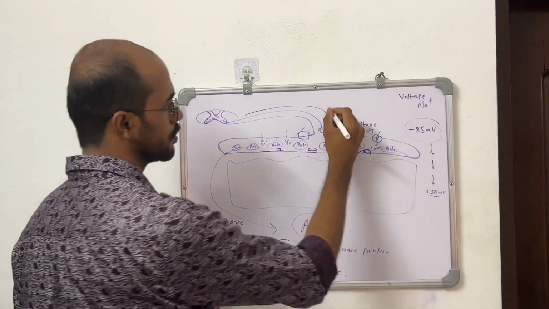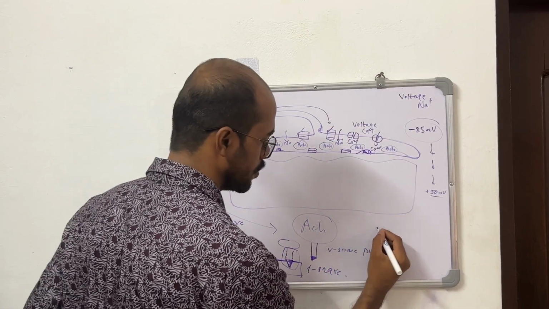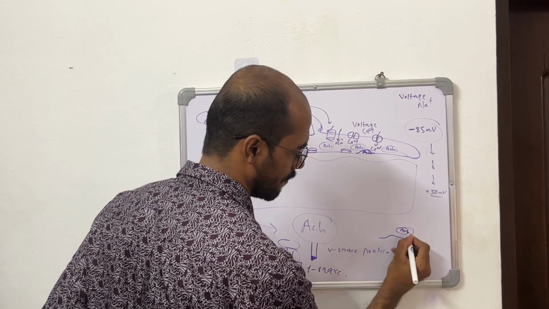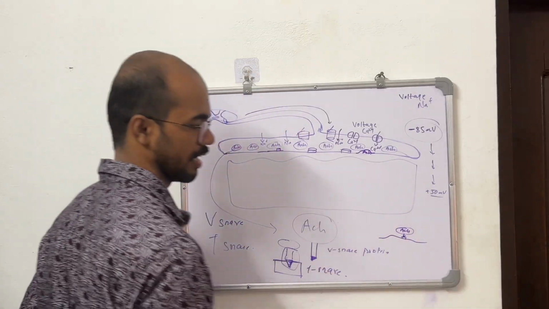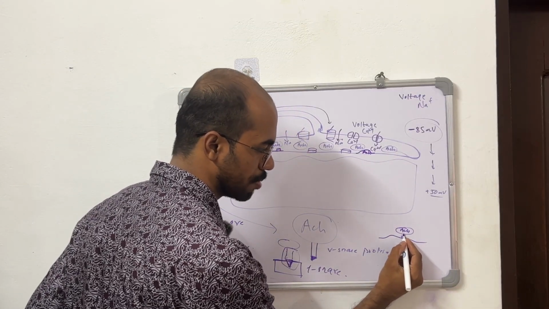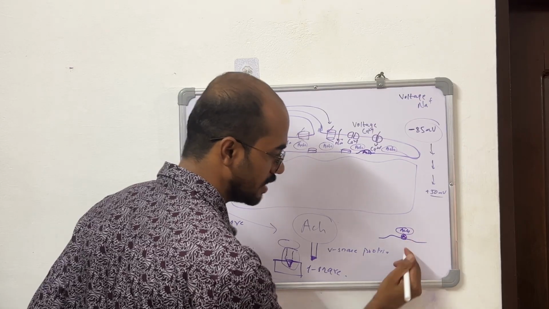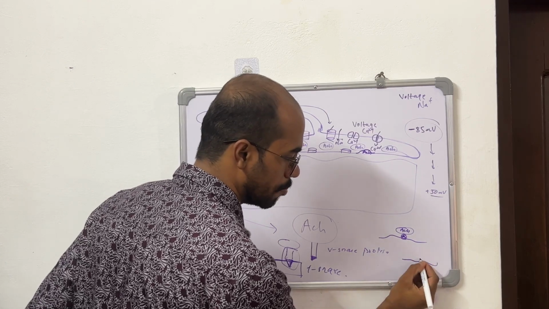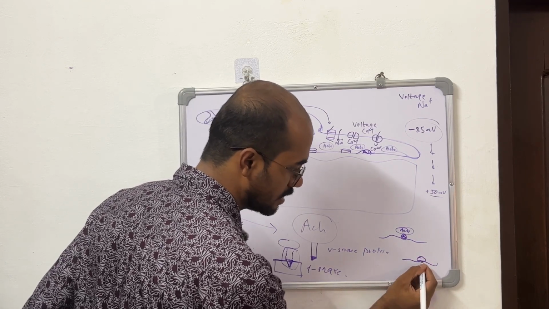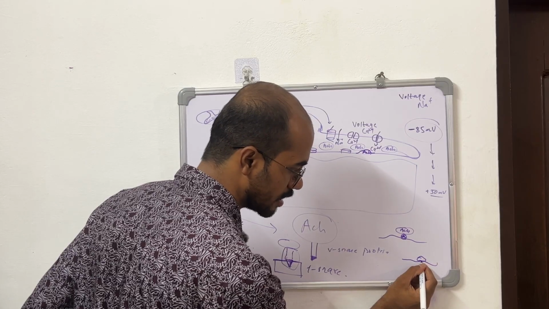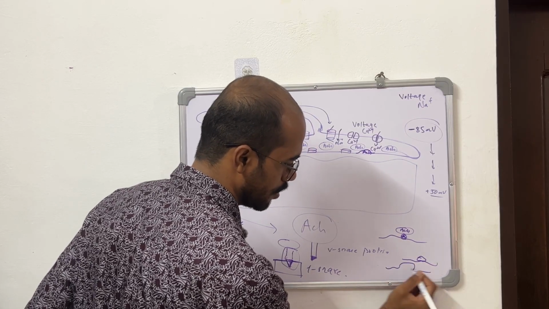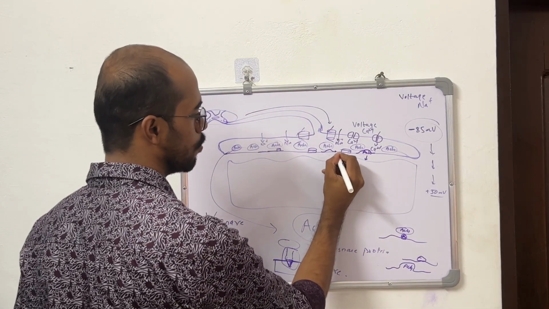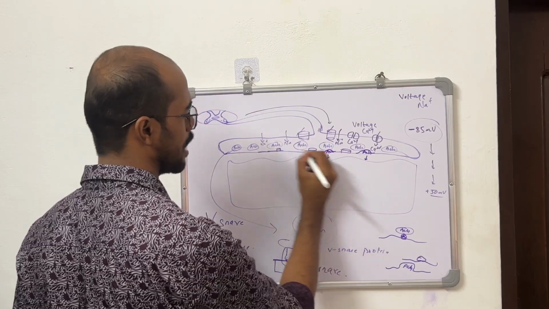So we have the neuronal end here, we have the acetylcholine vesicle, the V snare protein, and the T snare protein. When these proteins bind, this protein part disintegrates and the membrane of the vesicle which contains acetylcholine merges with the neuronal end and it disappears, leading to the opening of the vesicle. Now acetylcholine will be able to move out into the synaptic cleft.